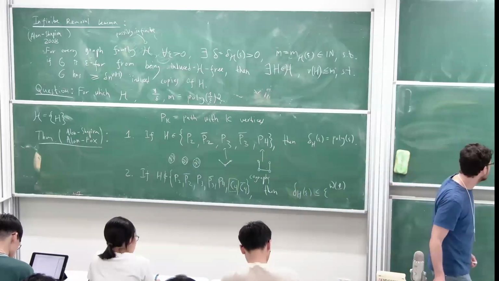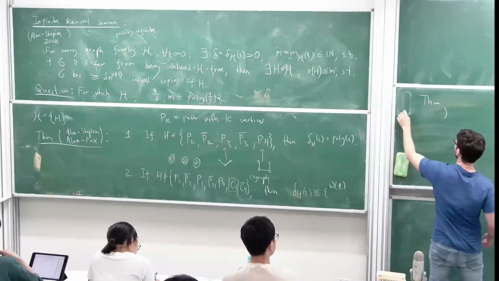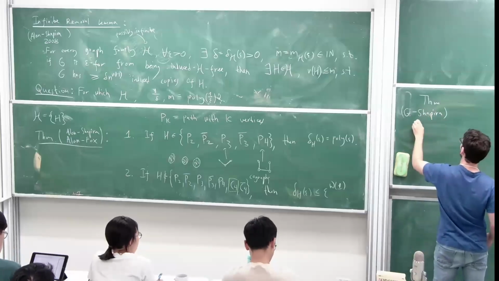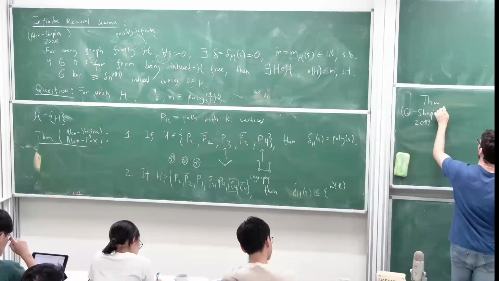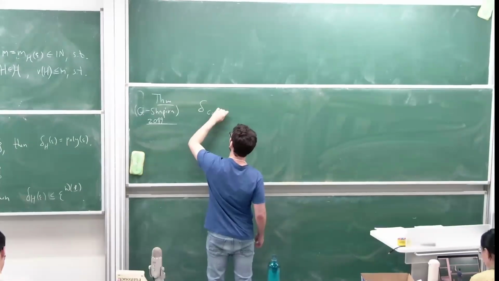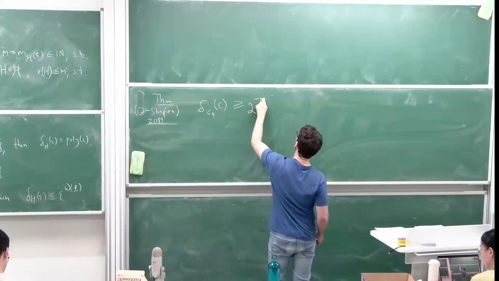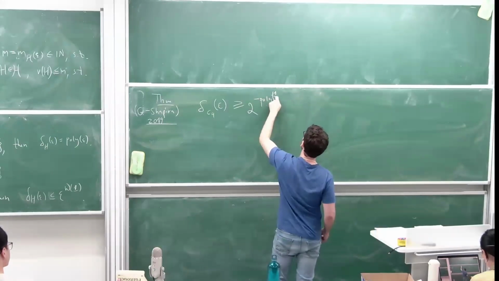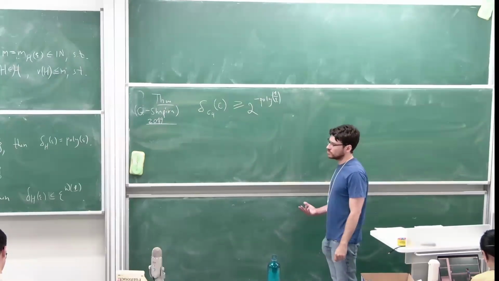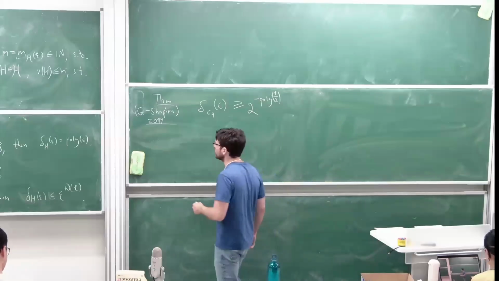This is open. What we do know, which we proved with Asaf Shapira in 2019, is that the delta of C4 is at least 2 to the minus poly(1 over epsilon). So it's an exponential bound. We don't know polynomial, but at least we know it's not tower type. It's better than the tower type bound. The conjecture is that it is polynomial.